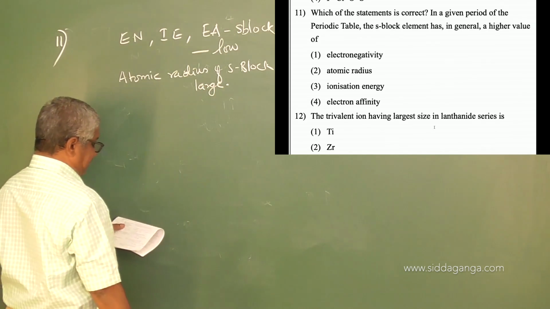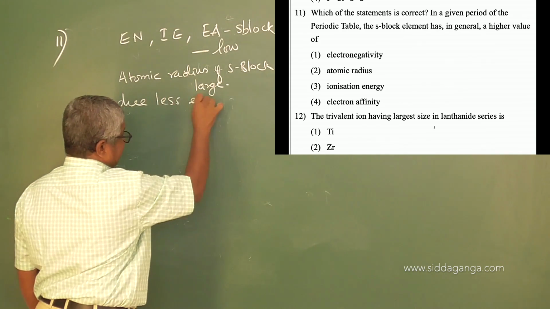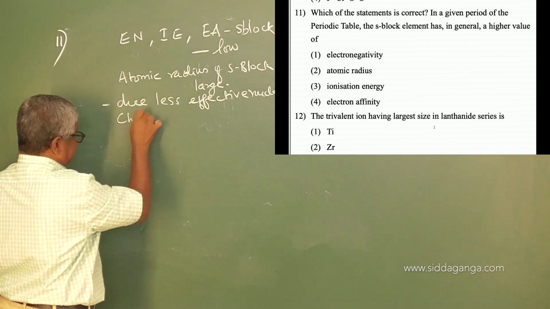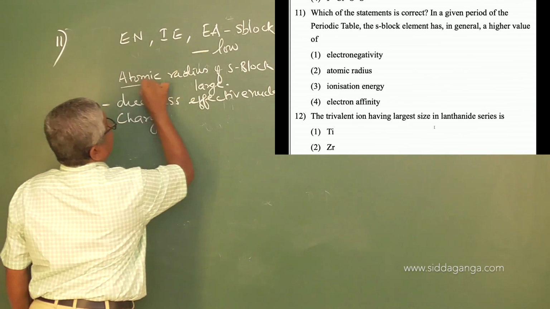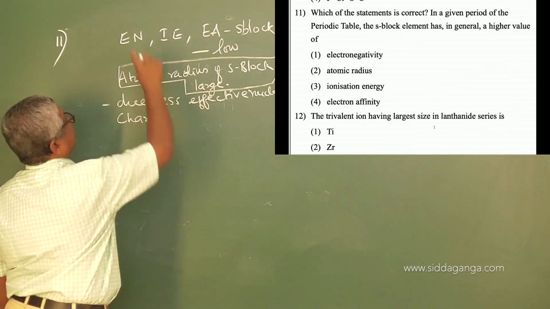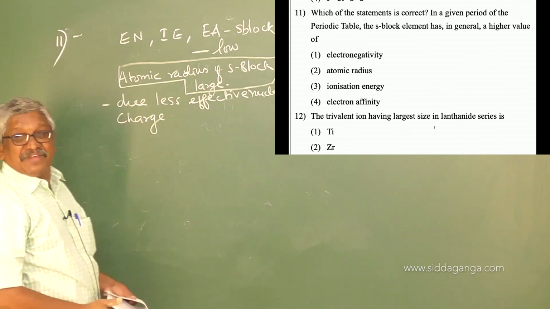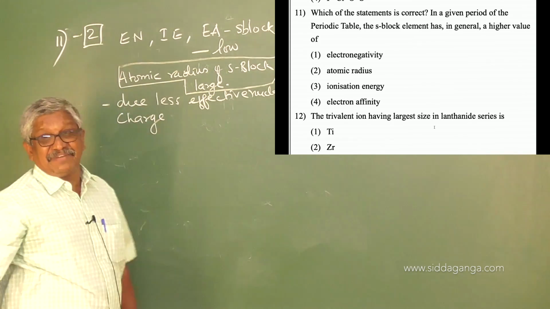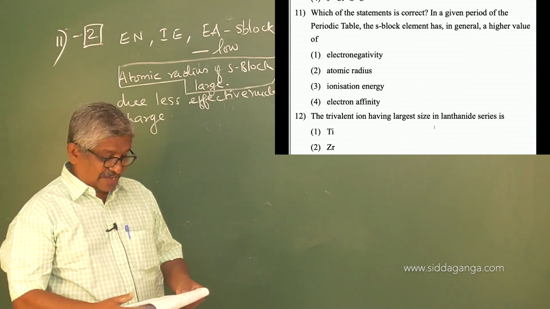So due to less effective nuclear charge, the option 11 is the atomic radius is a S block, it is the largest value, remaining ಎಲ್ಲ lower value. ಇದು 3 values ಕಡಿಮೆ ಇರುತ್ತೆ, ಇದು large value ಇರುತ್ತೆ. So option 11 then option 2 is the right answer for the question number 11. Atomic radius is the right answer for question number 11.